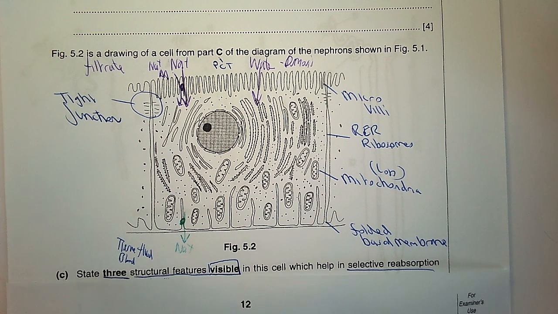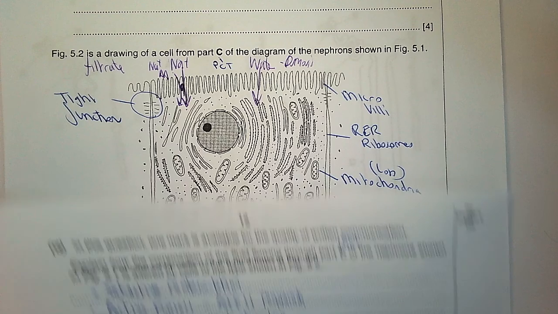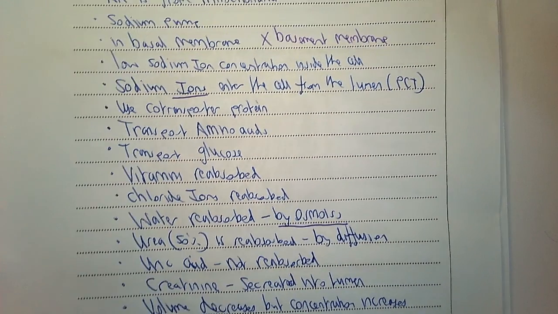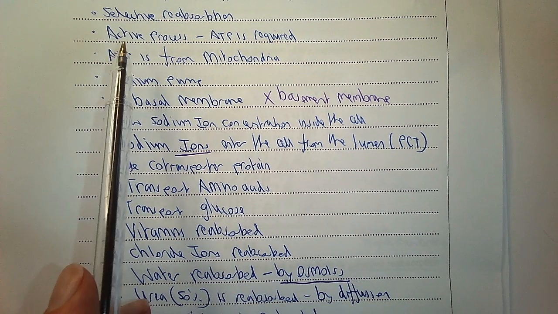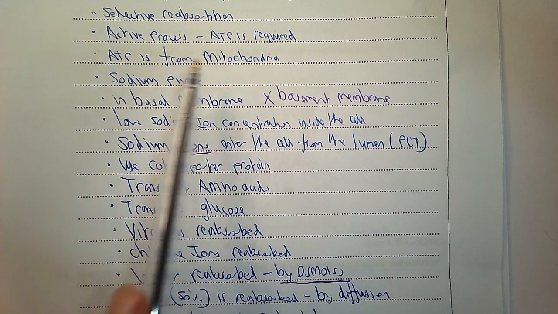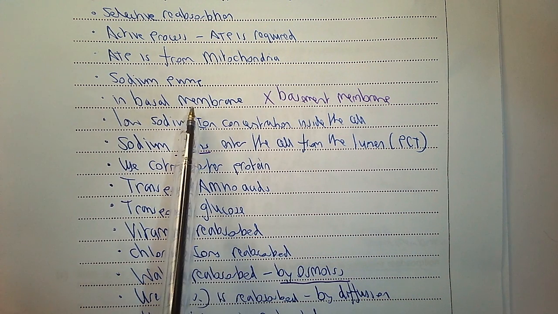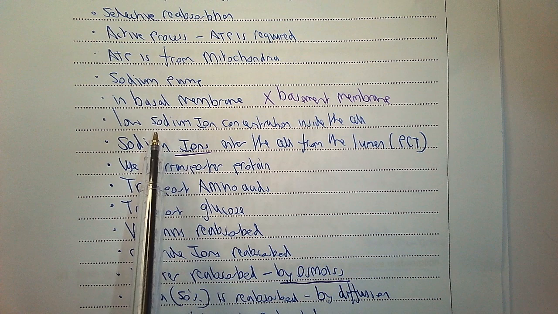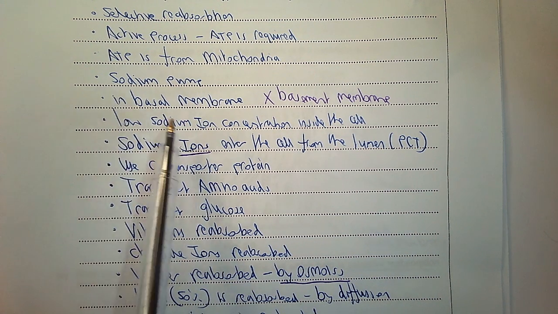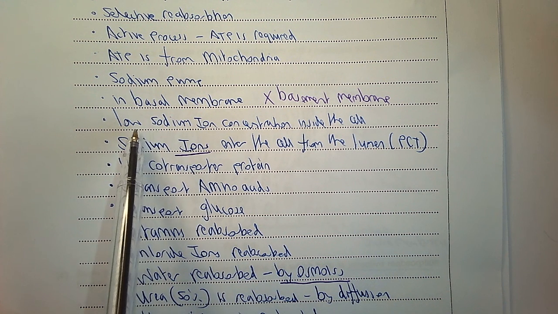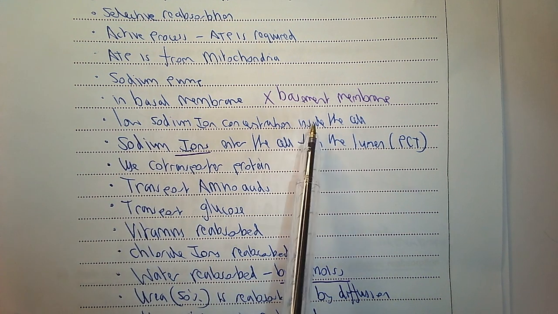You need to make sure that you understand the visible features of the brush border cells which enable them to carry out selective reabsorption and the process of selective reabsorption. So it's an active process, ATP from mitochondria, the sodium pump on the basal membrane that causes a low sodium ion concentration inside the cell.